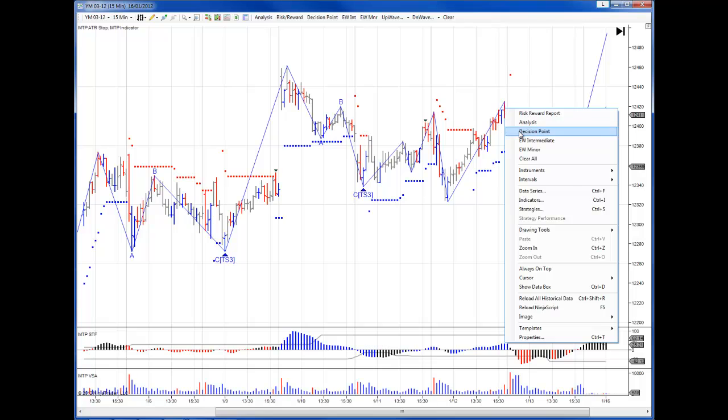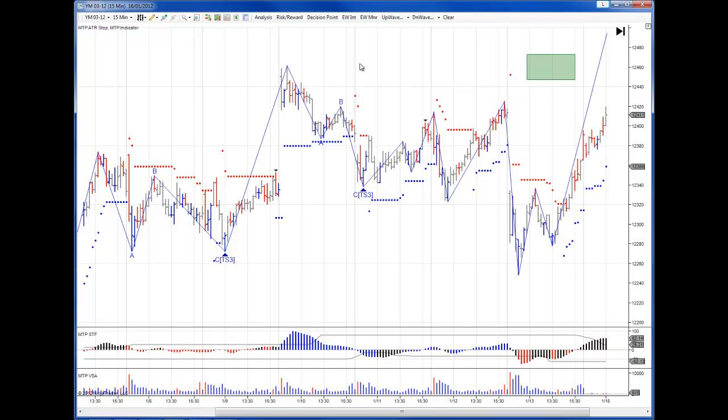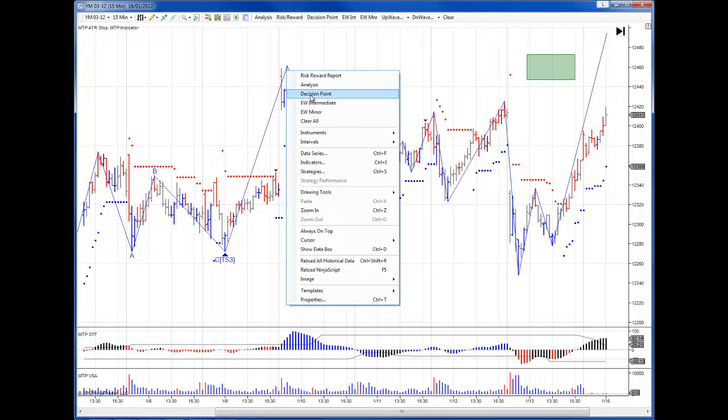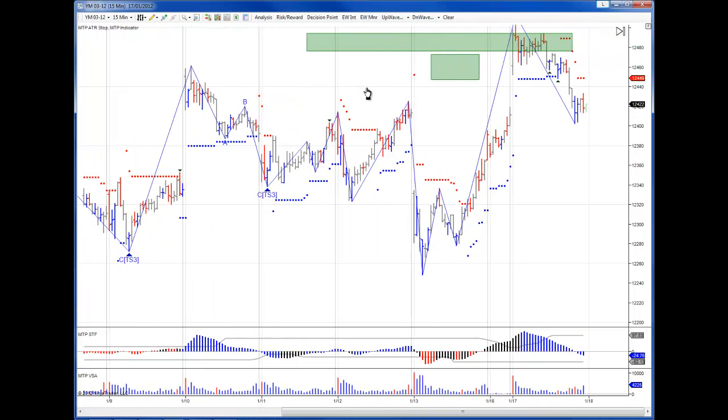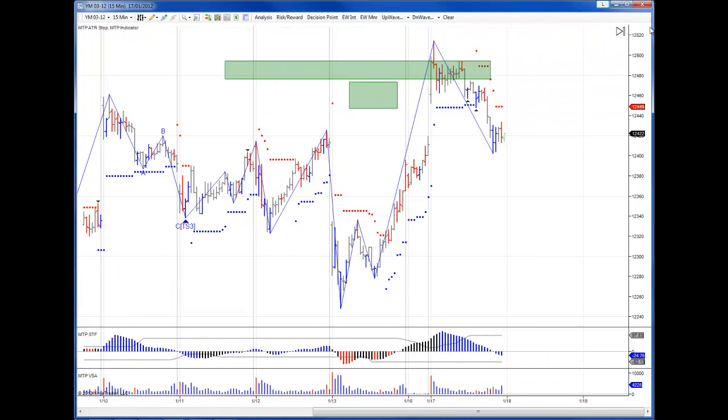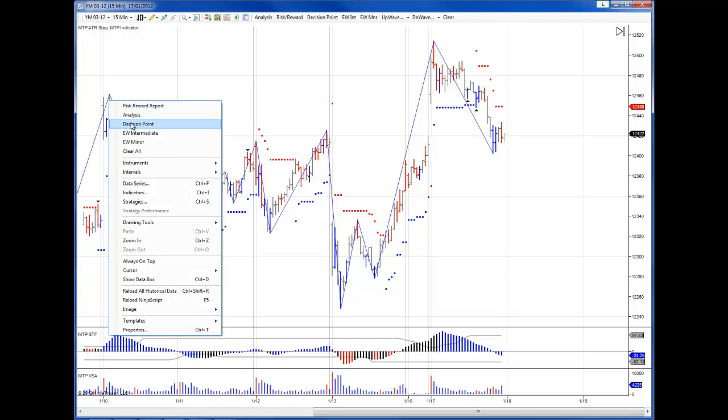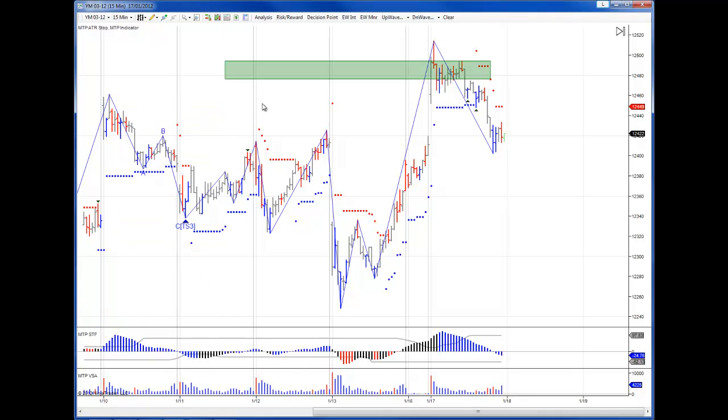I right mouse click, I put DP, and it puts it on the chart for you. Another one was back here, right mouse click, DP, again it's on the chart for you. We then scroll forward. The day opens yesterday, and as you can see the market went up through our first target and hit our second target very nicely. So I'll just take those off and have just the one target on, so we don't confuse people.